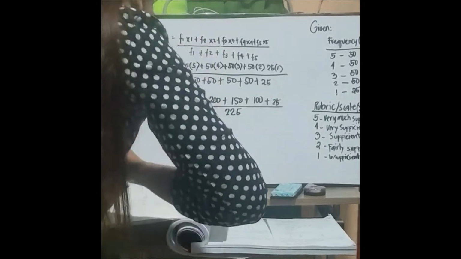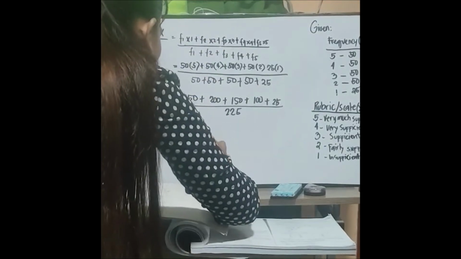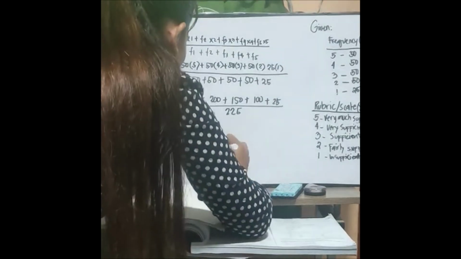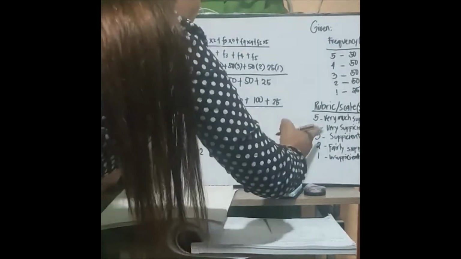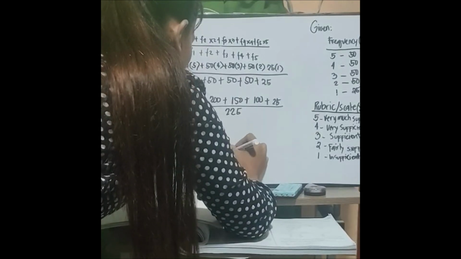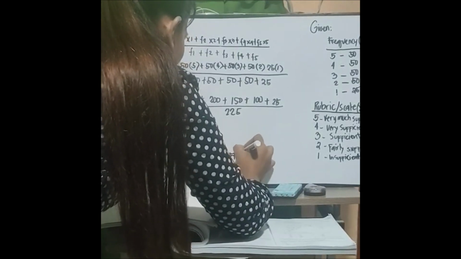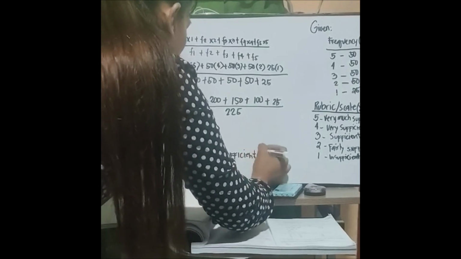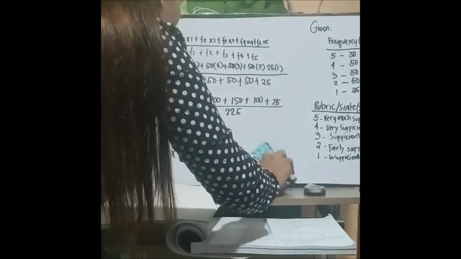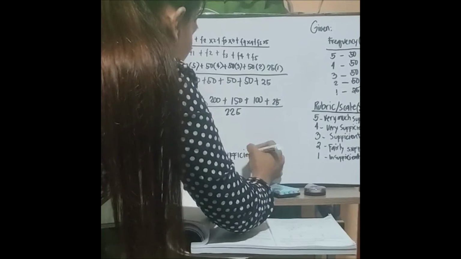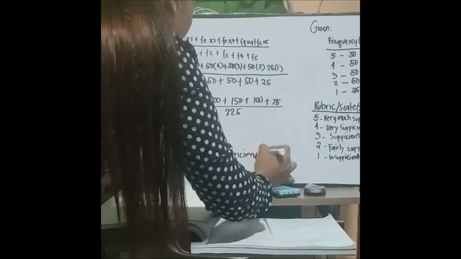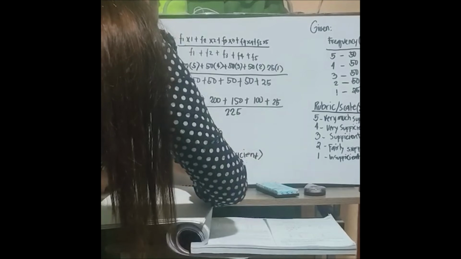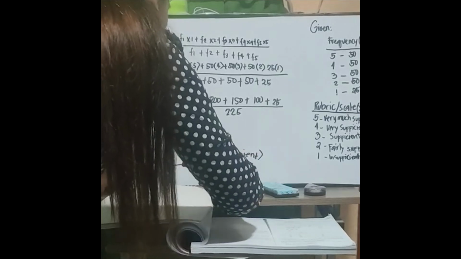You obtain 3.22, which happens to be sufficient. Alright. Sufficient. And here is our weighted arithmetic mean.